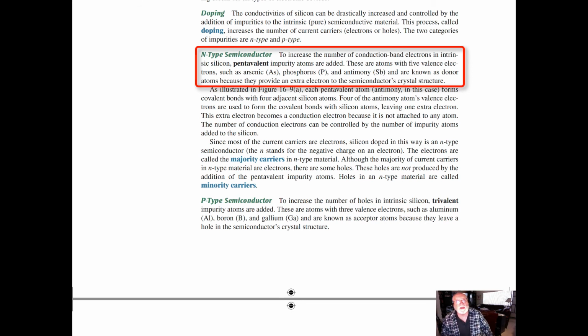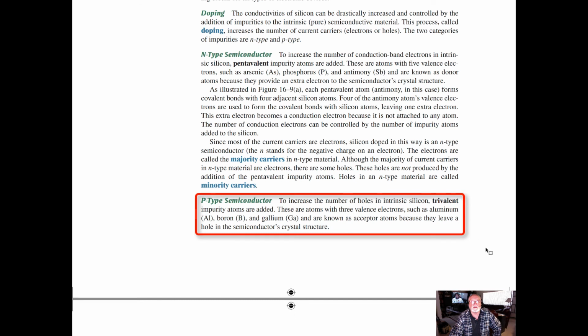A pentavalent impurity atom is added. These are atoms with 5 valence electrons, hence the name penta. We use elements such as arsenic, phosphorus, and antimony, which are known as donor atoms because they provide an extra electron to the crystal structure, and we'll see that in the diagram.